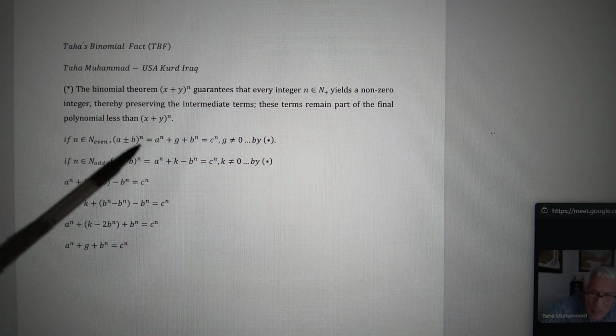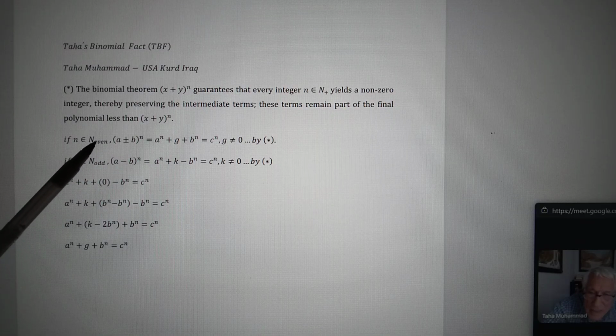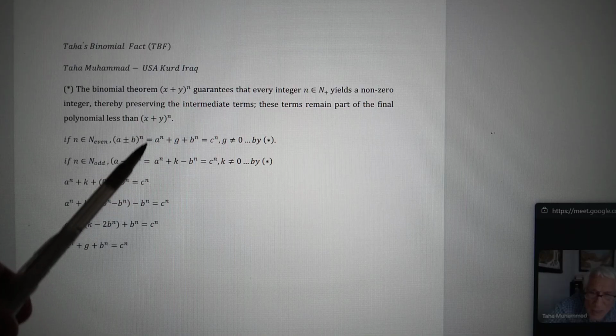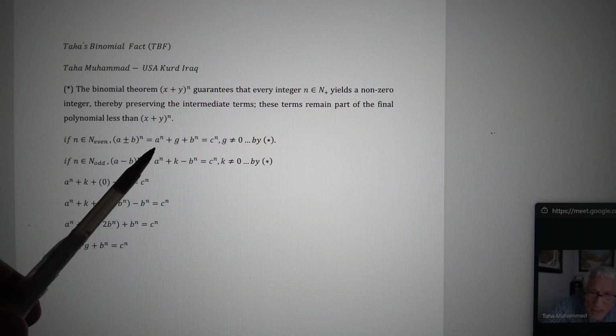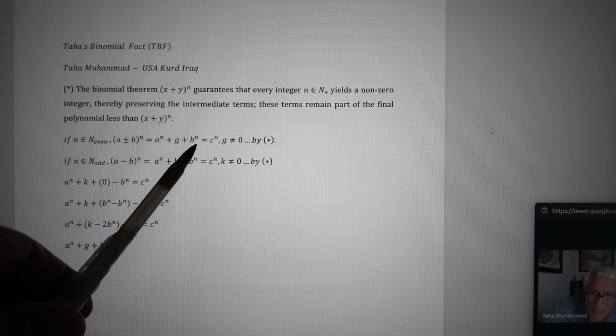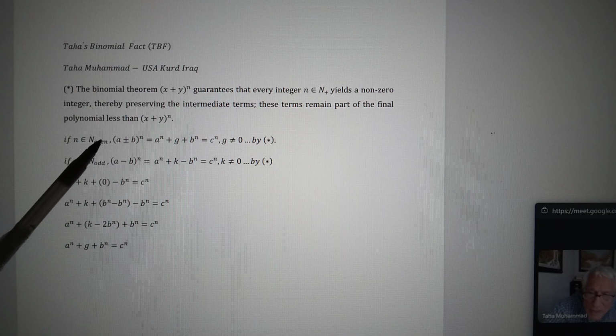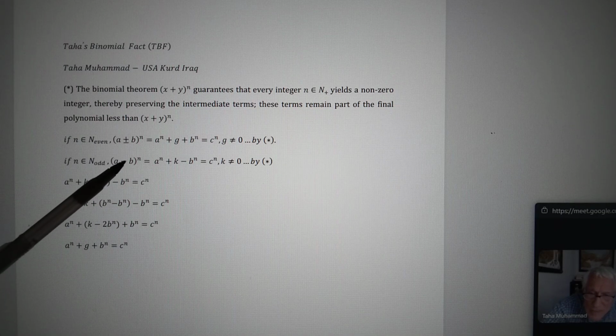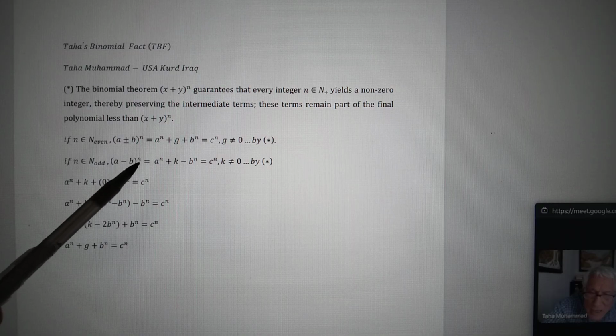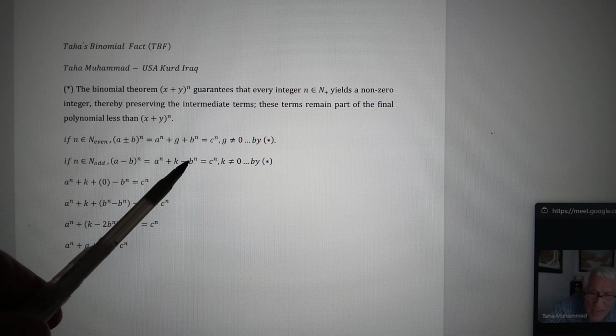When you have two terms like this and n is even, the first one is positive and the last one is also positive. But when you have subtraction and n is odd, this b will be negative.